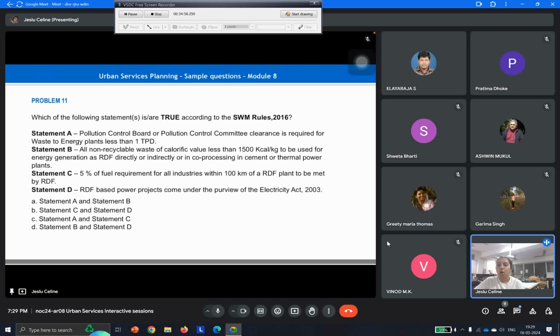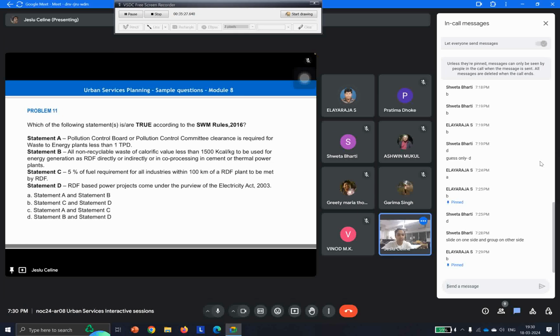Statement B, all non-recyclable waste of calorific value less than 1500 kilocalorie per kg to be used for energy generation as RDF directly or indirectly or in co-processing in cement or thermal power plants. Statement C, 5% of fuel requirement for all industries within 100 kilometers of an RDF plant to be met by RDF. And statement D, RDF based power projects come under the purview of Electricity Act 2003.